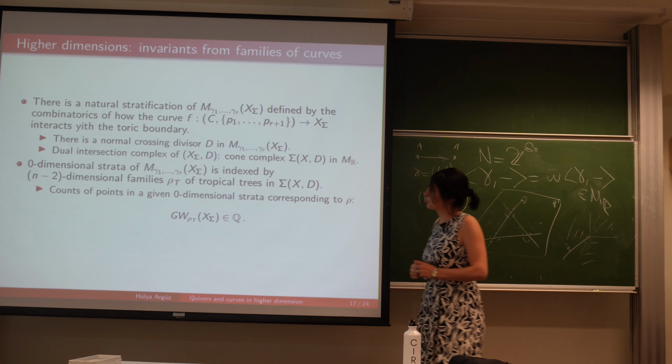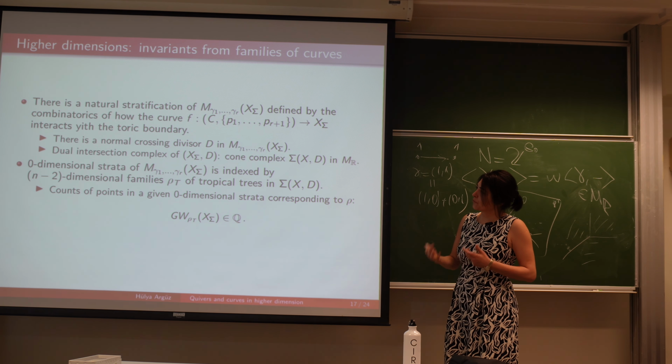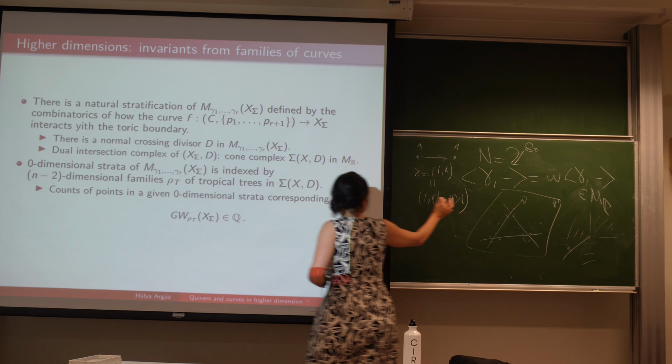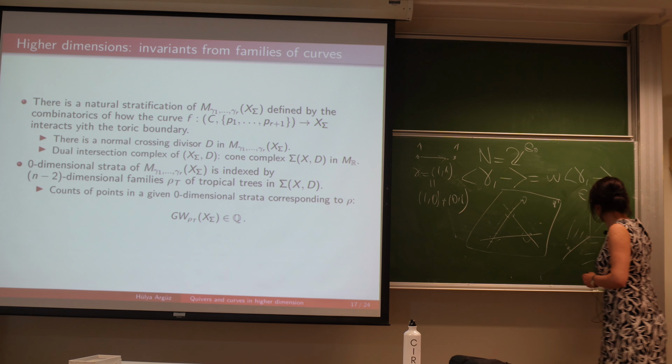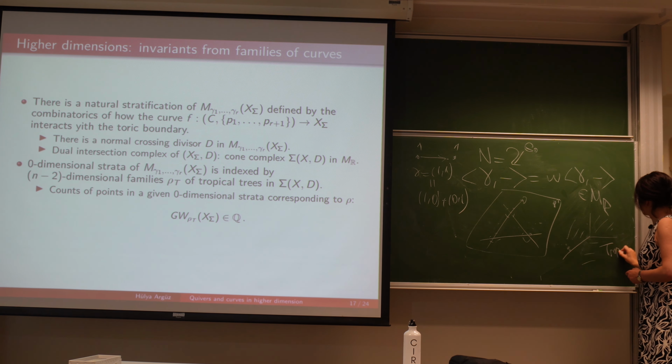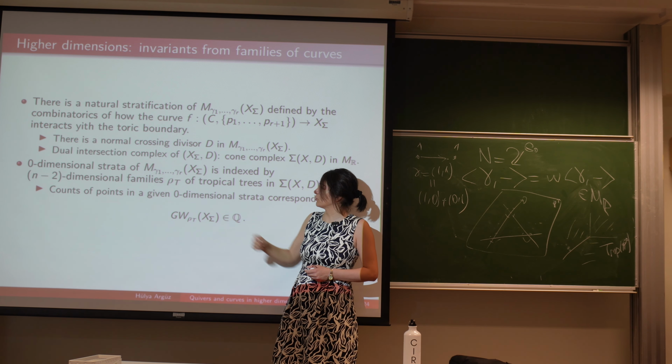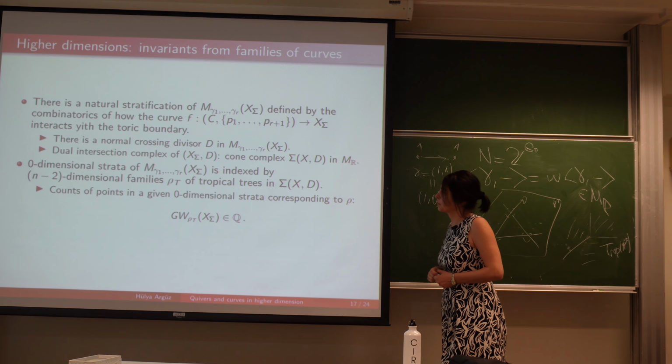And the 0-dimensional strata, due to constructions in tropical geometry and the reversal of dimensions passing to the tropicalization, corresponds, one can check, to n-2-dimensional strata in this cone complex.